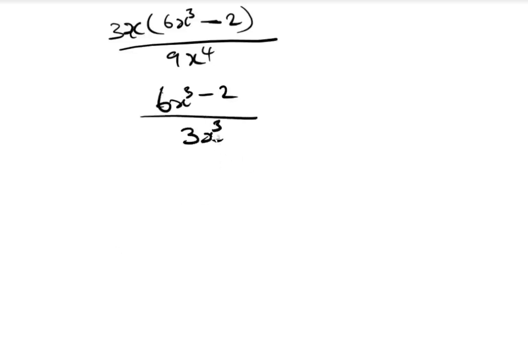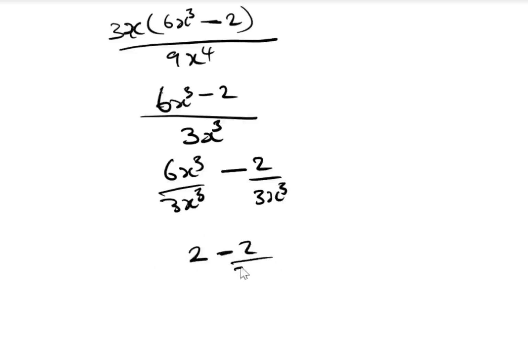Then we can decide to simplify further by having 6x cubed divided by 3x cubed minus 2 divided by 3x cubed, and this will be 2 minus 2 divided by 3x cubed. And this is our final answer.